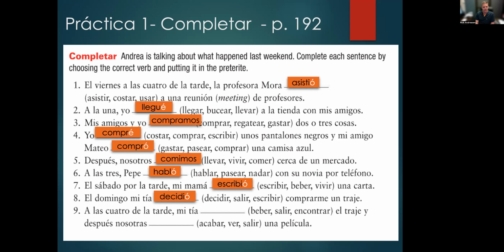Número 9, a las 4 de la tarde, mi tía encontró el traje y después nosotros vimos una película. Okay, just the only way that makes sense with the understanding of the meaning of those infinitives and how to conjugate them appropriately in the preterite tense.